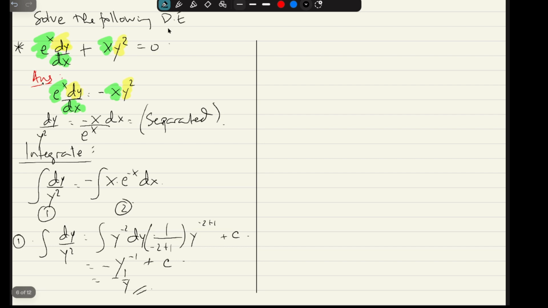That's the solution for the first part: negative 1 over y plus c.